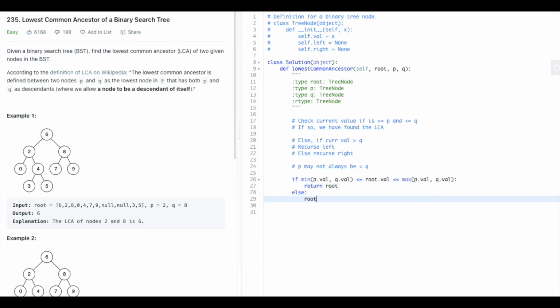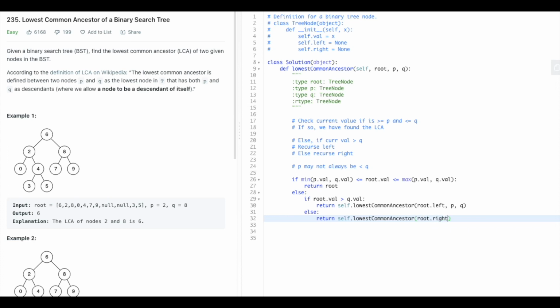Else, if my root value is greater than my Q value, then I need to recurse to the left: lowest common ancestor, root dot left, P and Q. Okay, I forgot the if statement right here. Else, the other case is that I have to recurse to the right: lowest common ancestor, root right, P and Q.